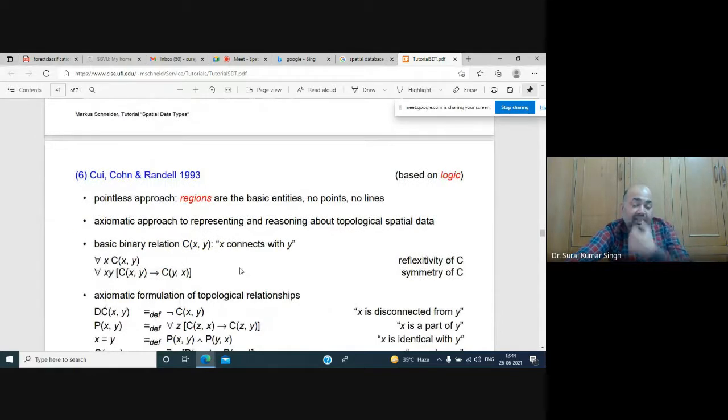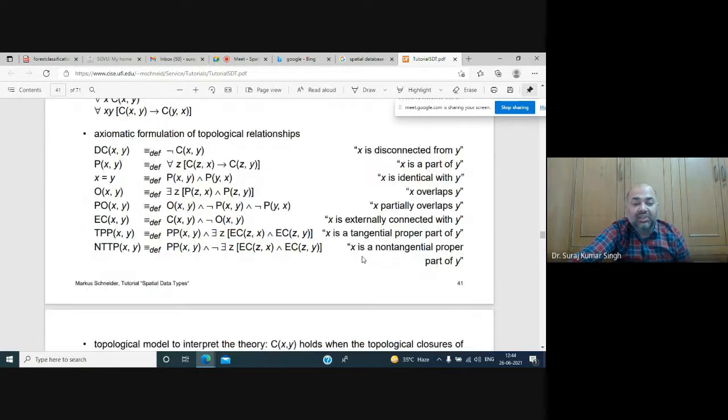Then Randell, Cui and Cohn in 1992 provided the RCC logic. The logic is a pointless approach, which says that regions are the basic entities, no points, no lines. Then an axiomatic approach to represent and reason about topological spatial database models.